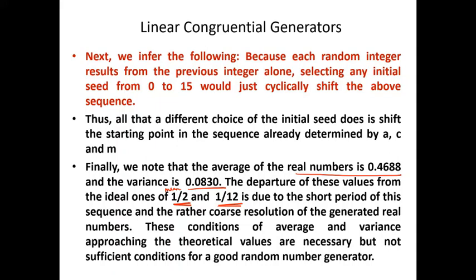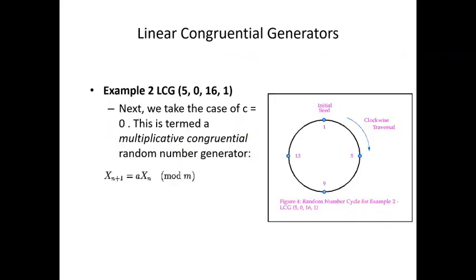Okay. So they are approaching the ideal values, but they are not exactly equal. The closer they are to the ideal values of mean and variance, the better the random number generator, the better the appearance of randomness it is going to give. Okay. So some random number generators which have long periods will have their mean of Rn as almost 0.5 and the variance as almost 1 by 12.